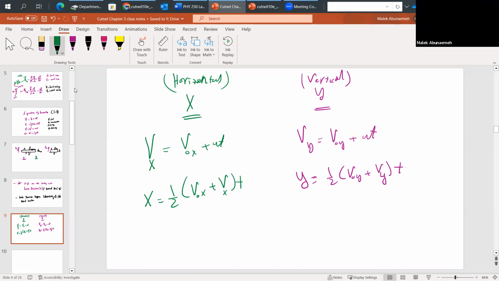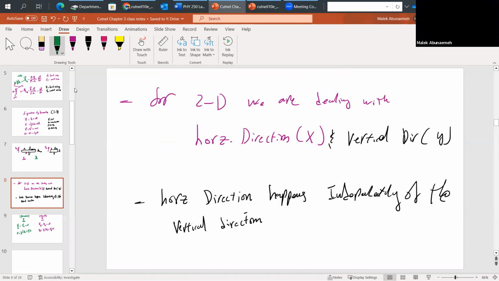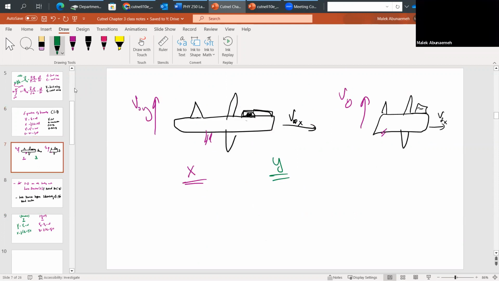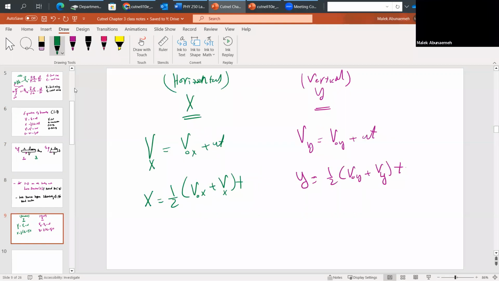The third equation that we had in one dimension: V final squared equals V initial squared plus 2AX. So V final in the x direction squared is going to equal the initial Vx squared plus 2 times the acceleration in the x direction times the distance x.